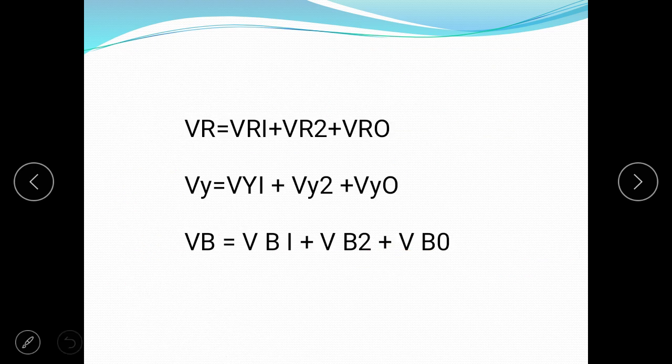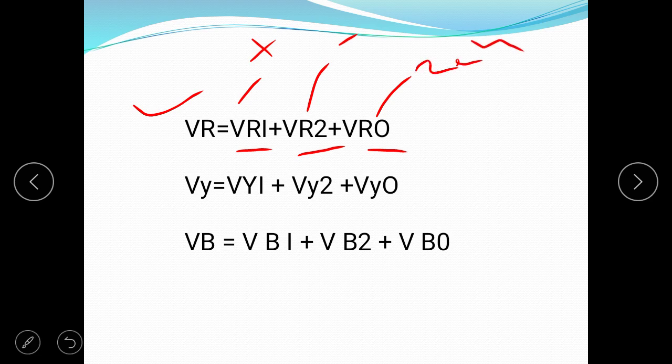Now the phase components of phase R voltage, that is VR, are divided into three sequence components: VR = VR1 + VR2 + VR0. VR1 is the positive sequence component, VR2 is the negative sequence component, and VR0 is the zero sequence component of phase R. This equation is the voltage equation.